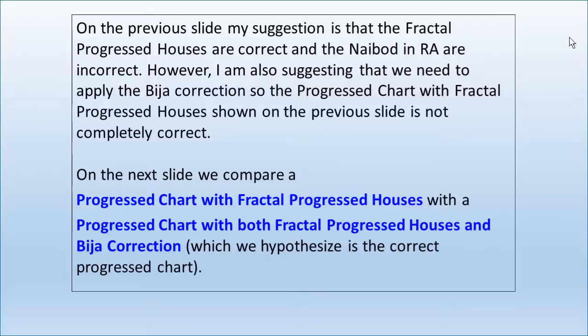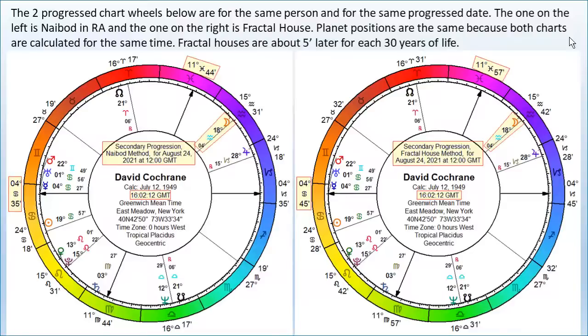However, here's the big thing that I didn't put together in the previous videos, and this puts it all together. We look at that previous slide, I do not have Bija correction. What we want to do to get the correct progressed chart is we need to use fractal houses and Bija correction.